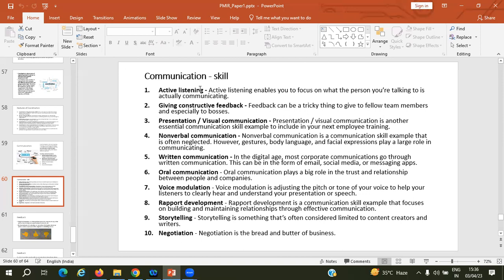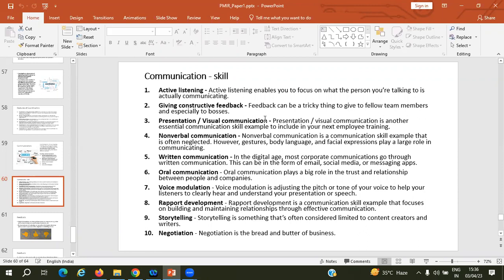Suppose active listening. The first thing I mentioned, active listening. Active listening enables you to focus on what the person you are talking to is actually communicating. Suppose you are listening to someone. That means you are trying to understand what the communication is.